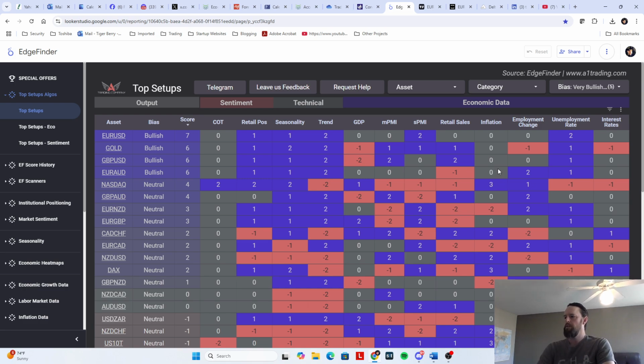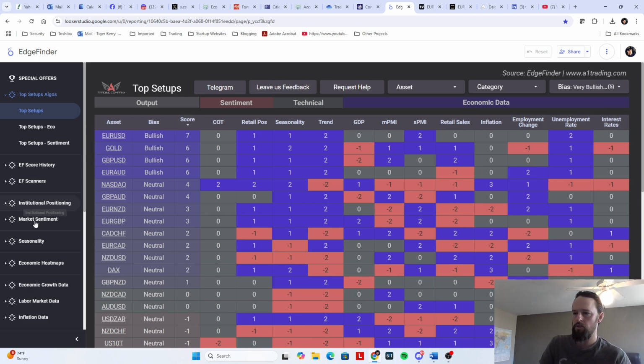Okay, inflation was neutral, but with the employment change right there, that was a real strong reading, and the unemployment rate, that was a real strong reading. And then, of course, you got the interest rates, which is neutral. So basically, when you look at this, you got the retail position, the seasonality, the trend was looking good. You got the employment change, which helped.